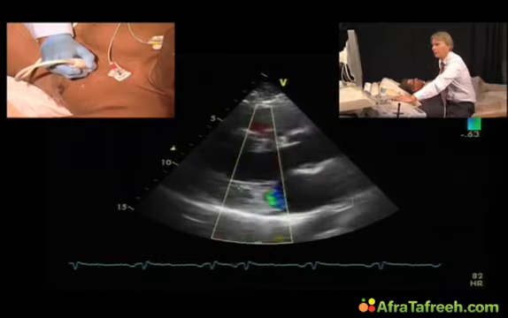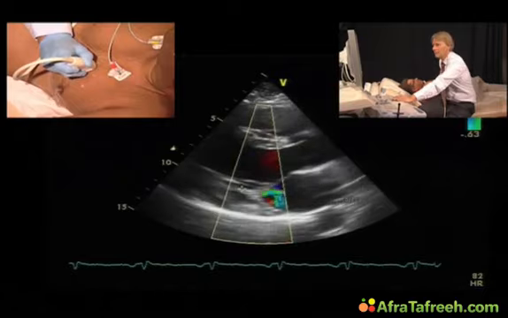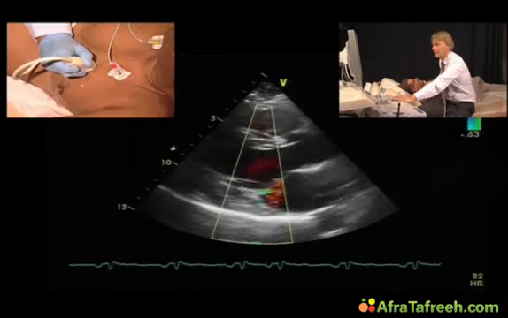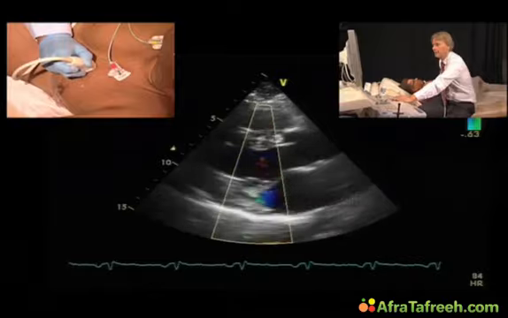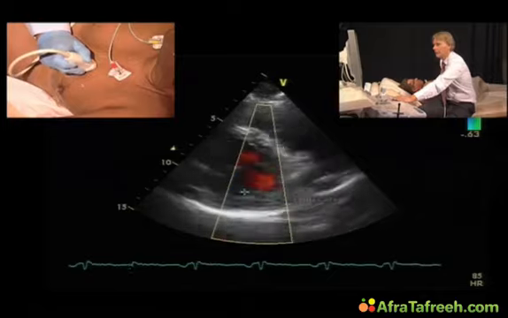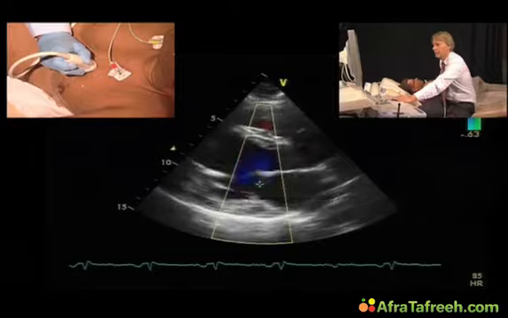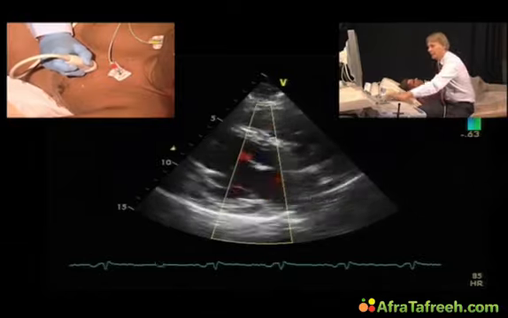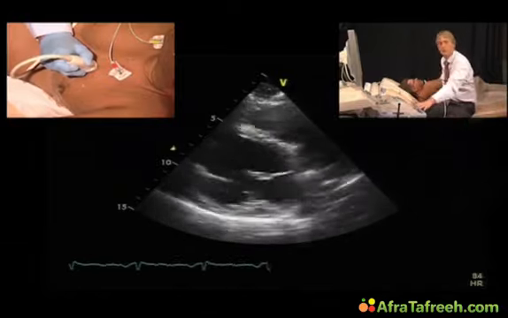Now I will move the transducer back, and you see I'm losing the proximal portion. I can still see some jet, but not the origin. Then I move more cranially, and all of a sudden the entire jet is gone. So from this view, I would have the impression that the origin comes more from the posterior medial aspects of the valve.